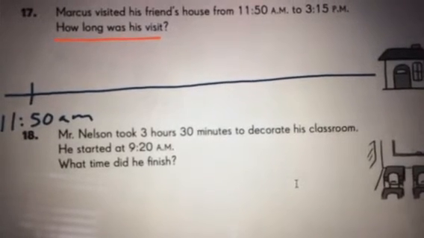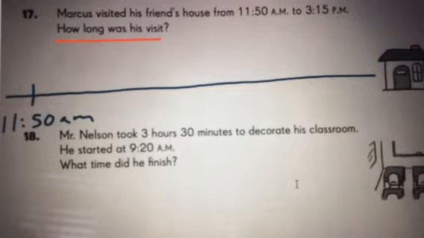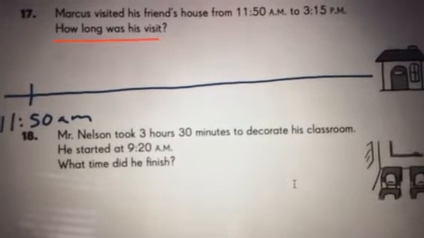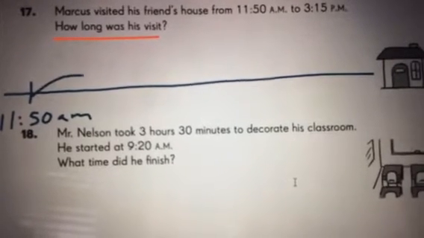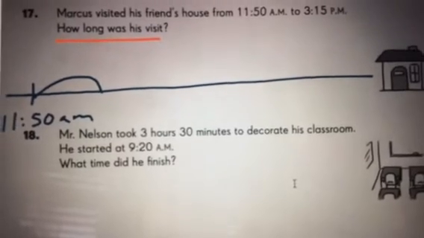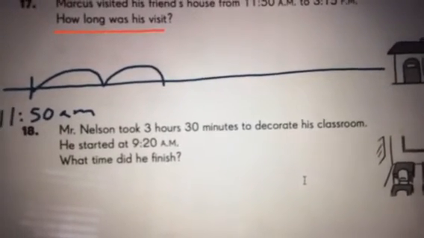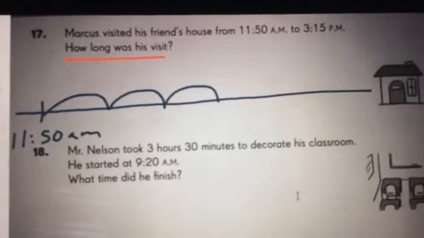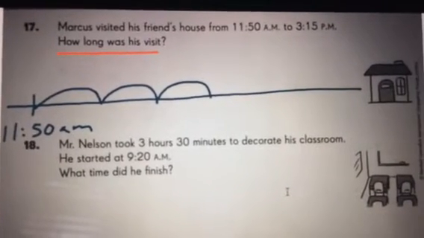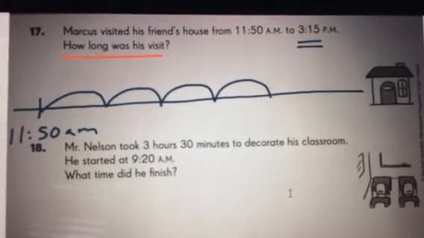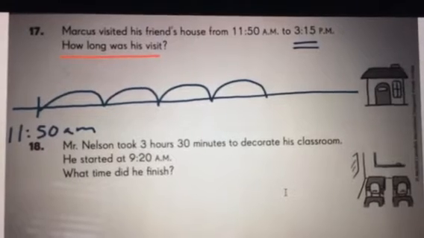So some of you do like to just skip by the hour first. So you can go from 11:50 to 12:50 p.m., 12:50 p.m. to 1:50, 1:50 to 2:50, and from 2:50 figure out how much time until 3:15.